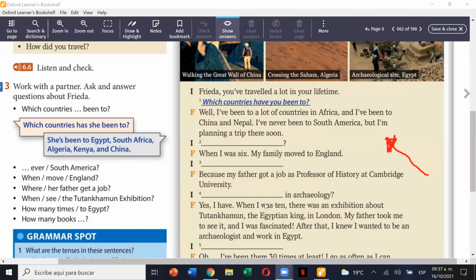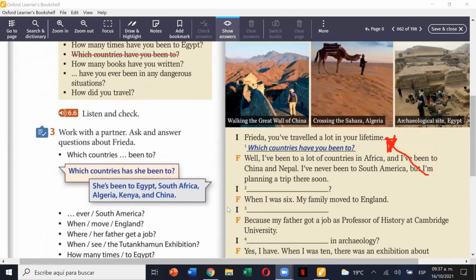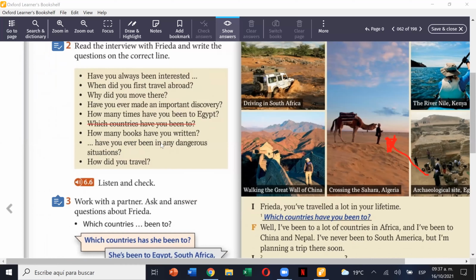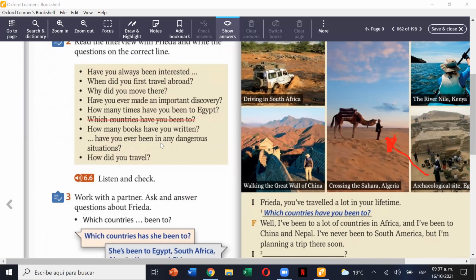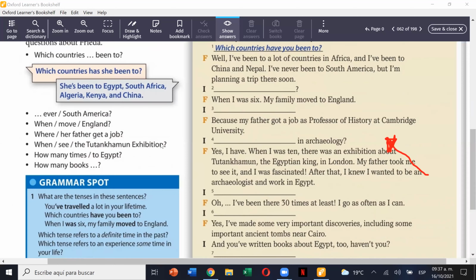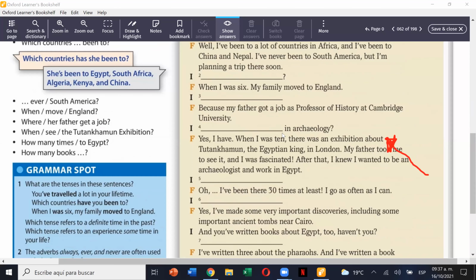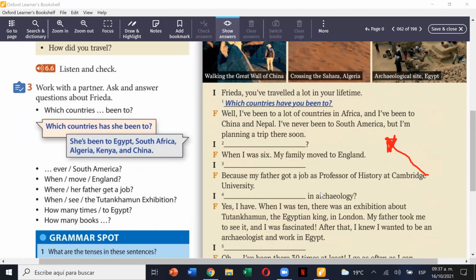Number 4, in archaeology, yes, I have. Have you always been interested in archaeology? Yes, exactly. Then, I've been there 30 times at least. Number 5.